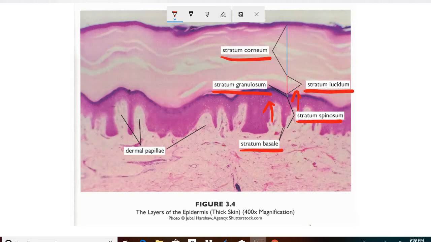So basically, as the cells travel up from the stratum basale to the stratum spinosum to the stratum granulosum, and if there is a stratum lucidum, go into that area, and then finally into the stratum corneum, they are slowly dying, so that by the time the cells reach the stratum corneum, they flake off and they have to be replaced by new cells that have traveled that same pathway, that have started in the stratum basale where mitosis is taking place and moving up through the layers.